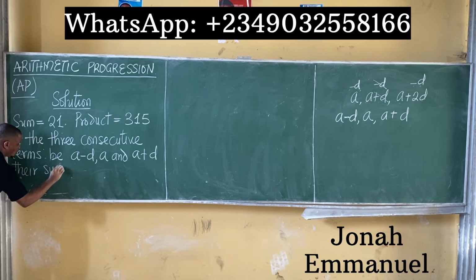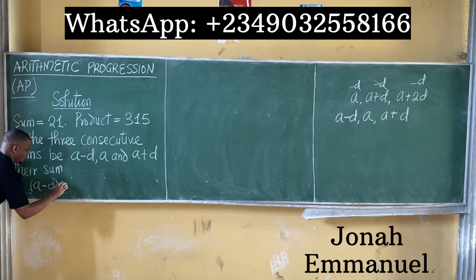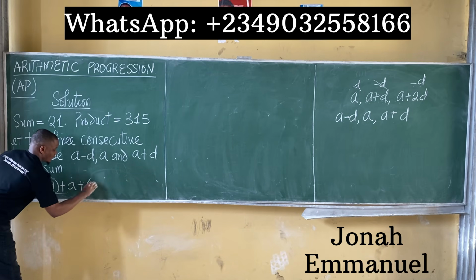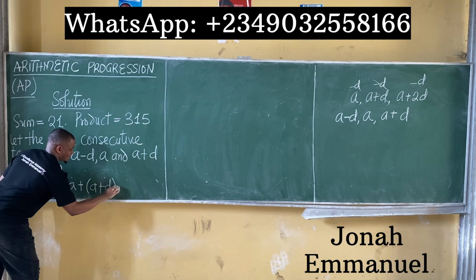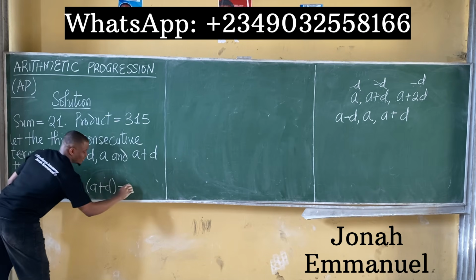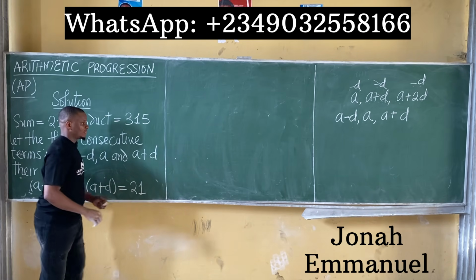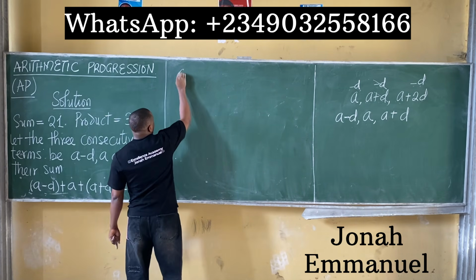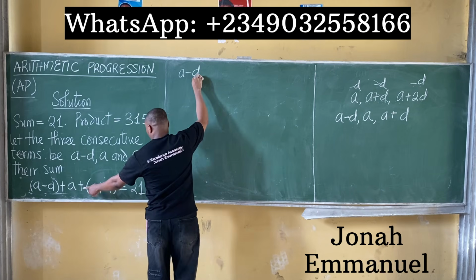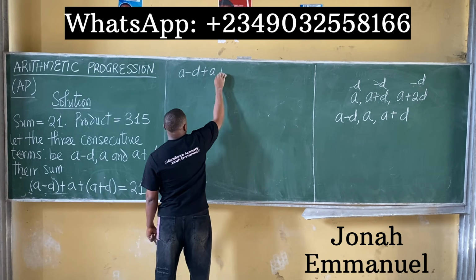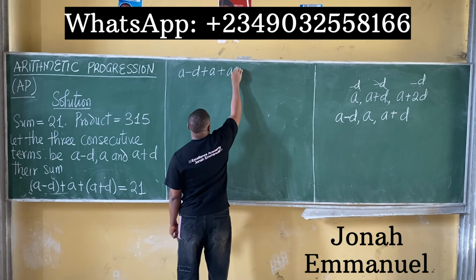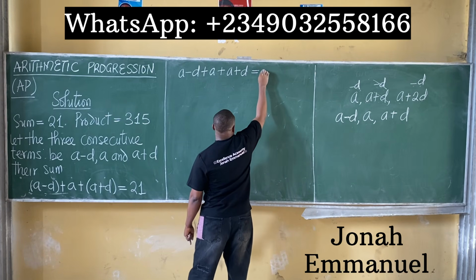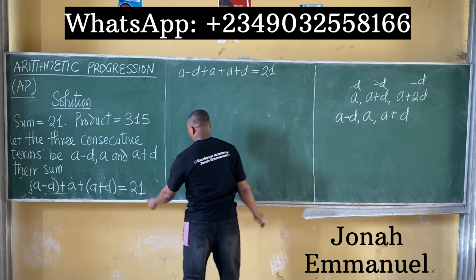A minus D plus A plus A plus D. Their sum is equal to 21. Removing the brackets here, I have A minus D plus A plus A plus D, equal to 21.